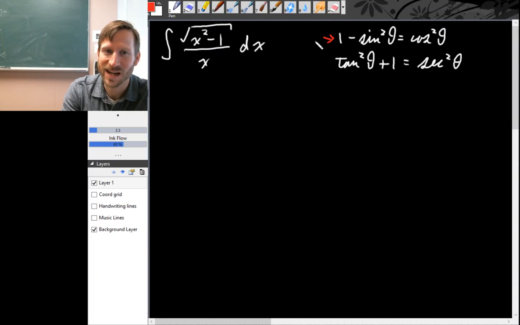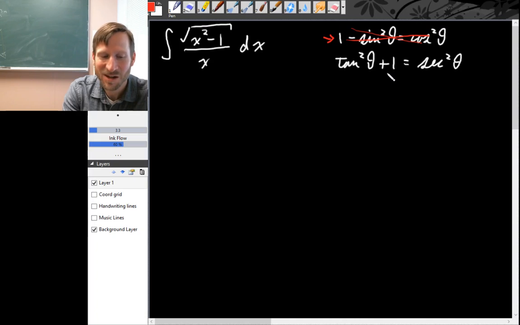The constant part is negative, so that means this first one probably won't work. In the second one, tangent squared theta plus 1 equals secant squared theta, there's a positive on the variable part and on the constant part. But in our integrand, the constant part has a negative, so that probably won't work either.